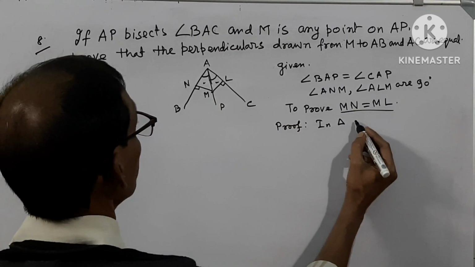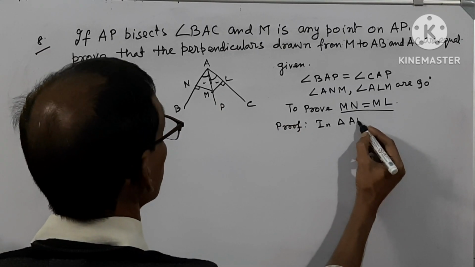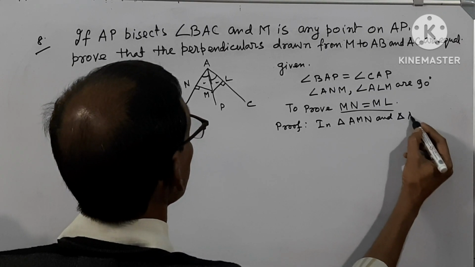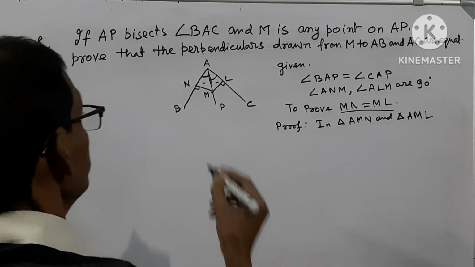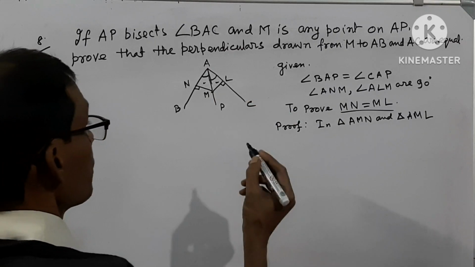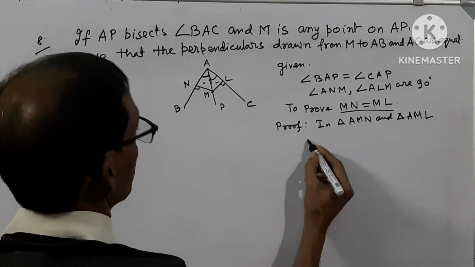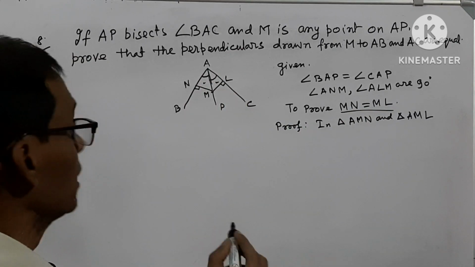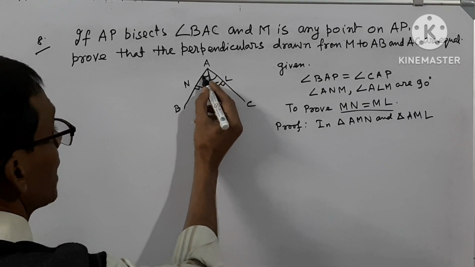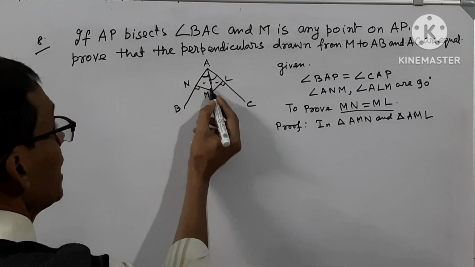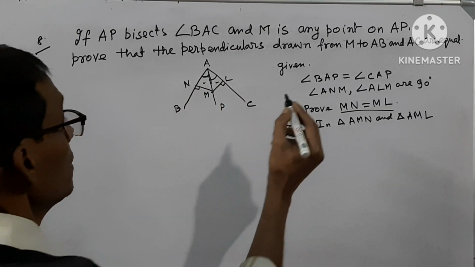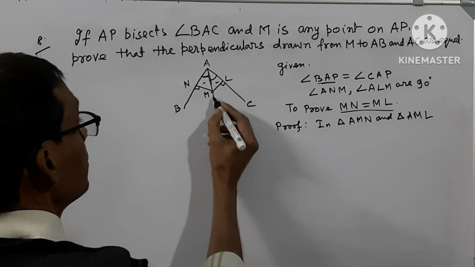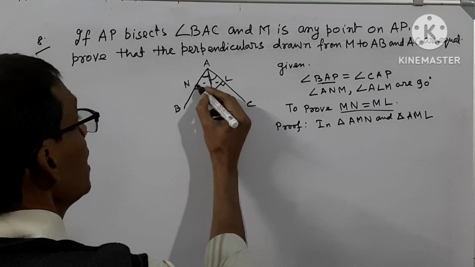What you have to prove? In triangle AMN and triangle AML, in these two triangles, let us see. One thing is given, angle BAP. If BAP is given, that implies NAM is the same angle.